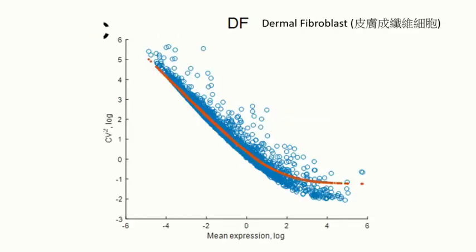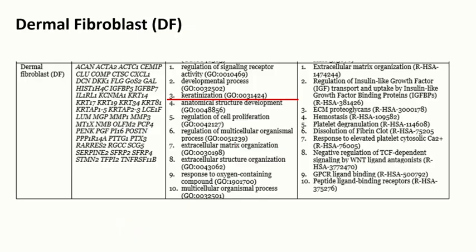So what are the highly expressed genes? Those only consider the mean. Those highly variable genes encode the function of the cell type, the function of the cells, but not those highly expressed genes at all.